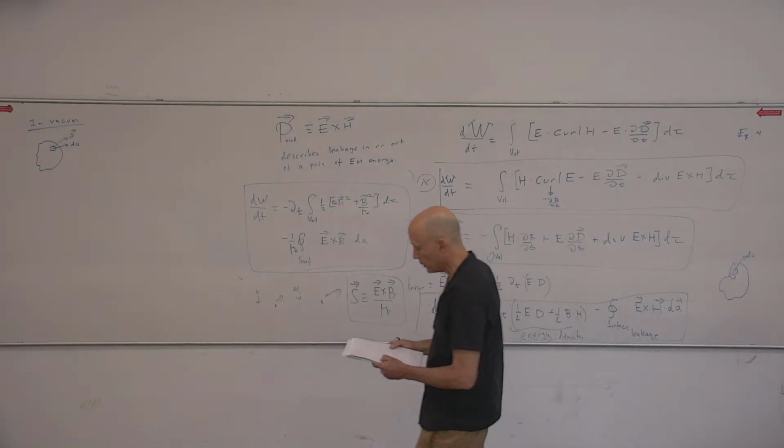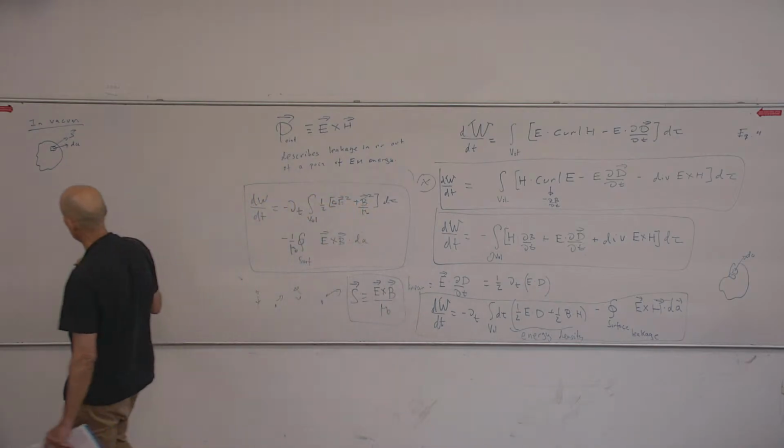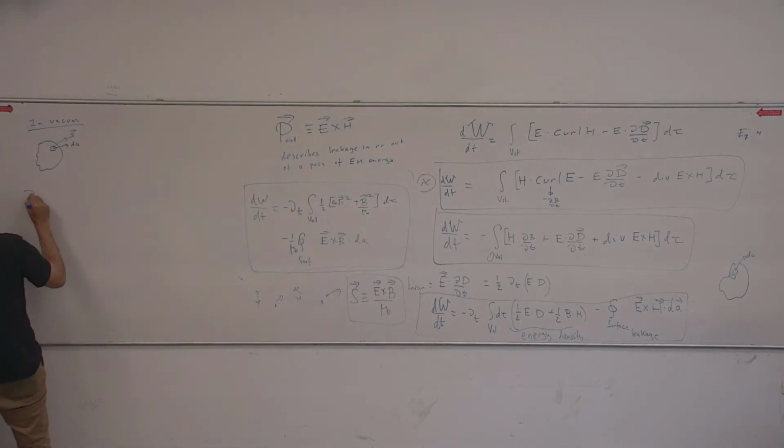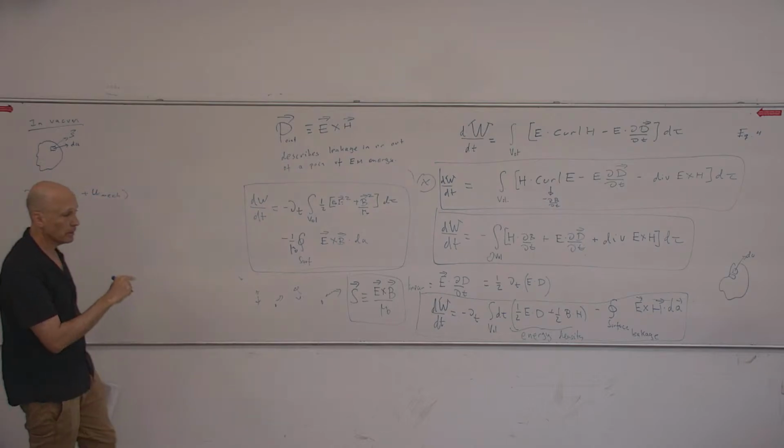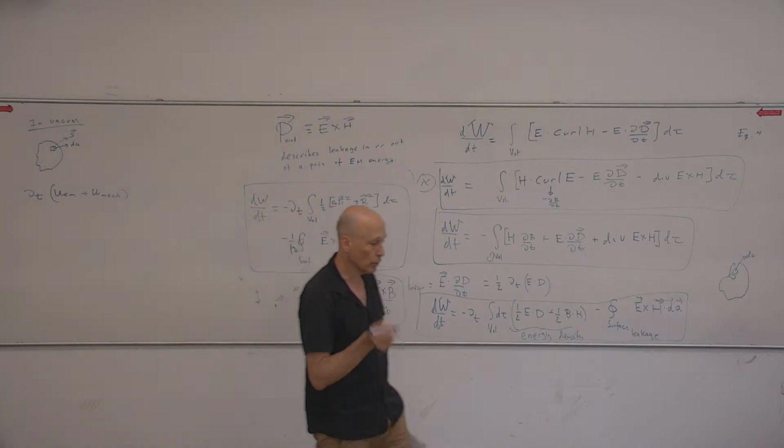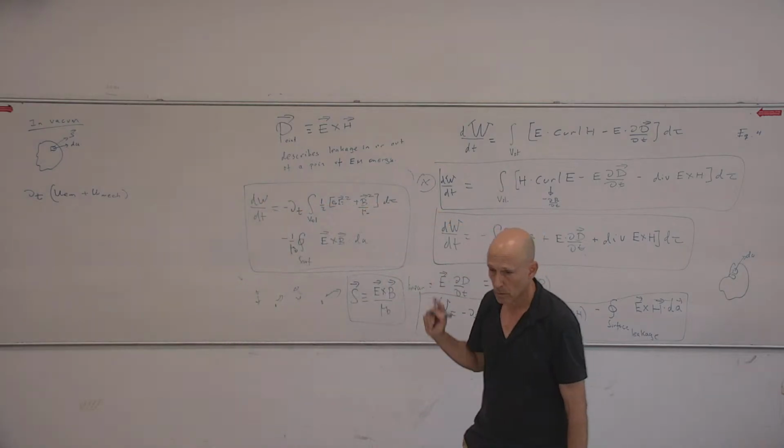It's not the whole energy. And then the claim is that the energy density is U electromagnetic, but there could in principle be some other form of energy, which I'm going to call mechanical. And here is the difficult part in each system, where you need to identify what that means.